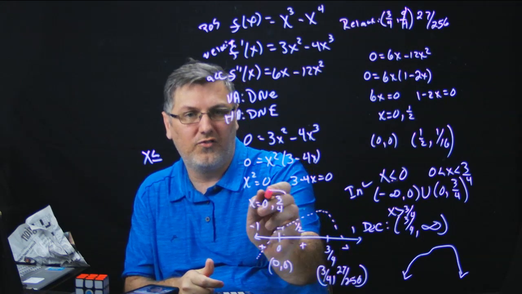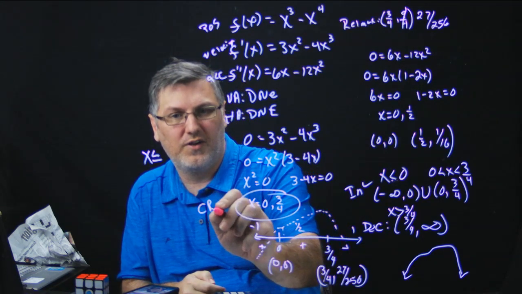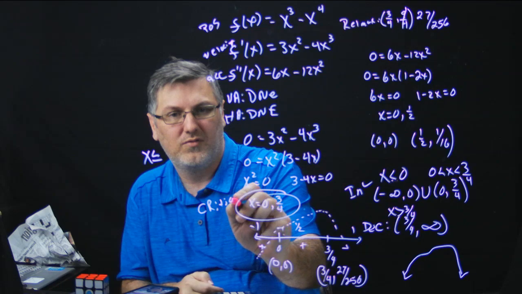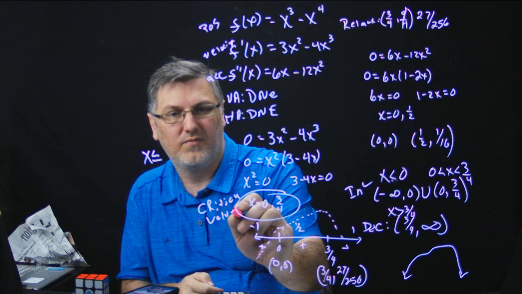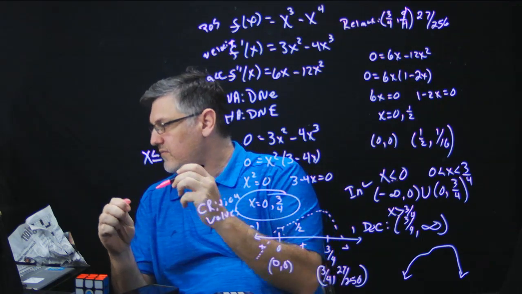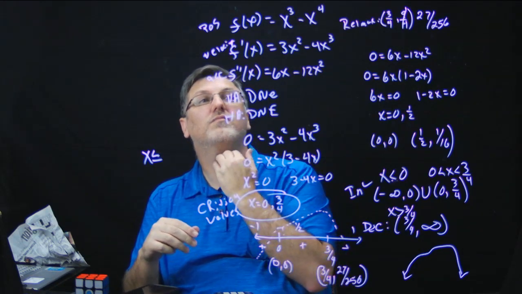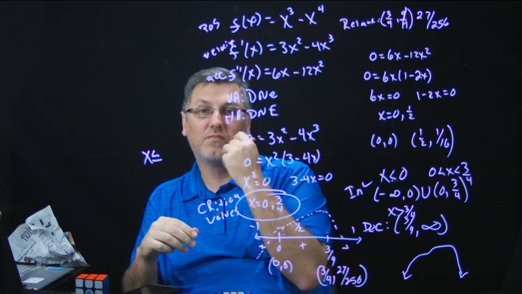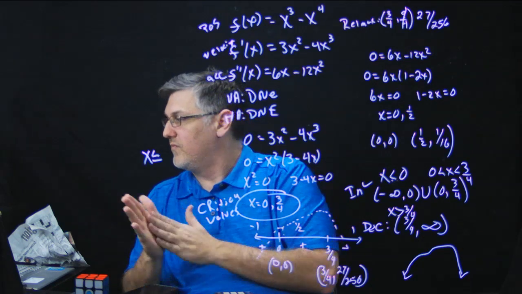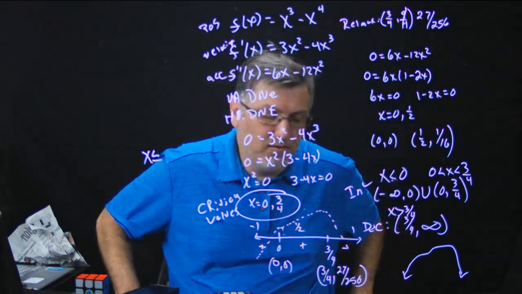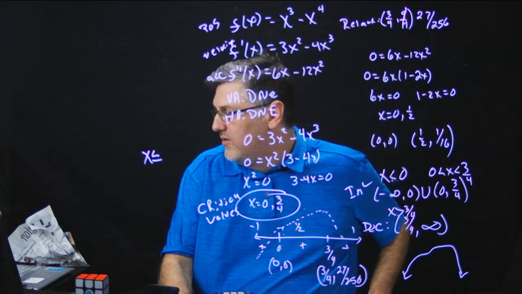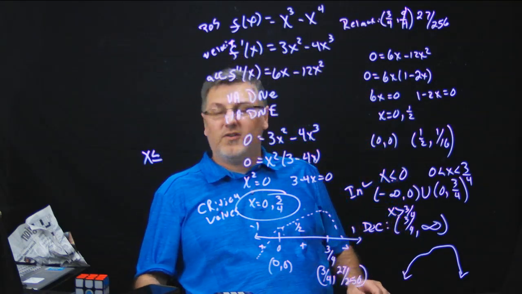your critical values are here. These are your critical values. Ugh. 6:30.